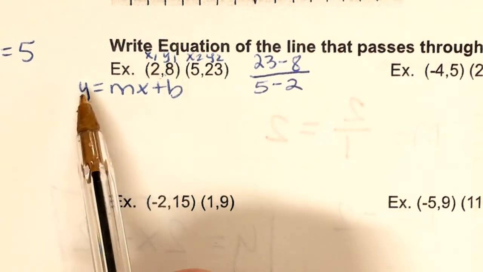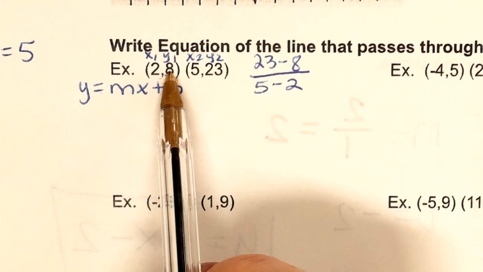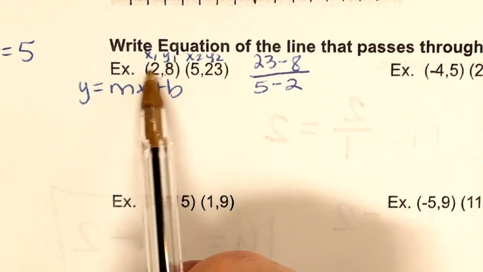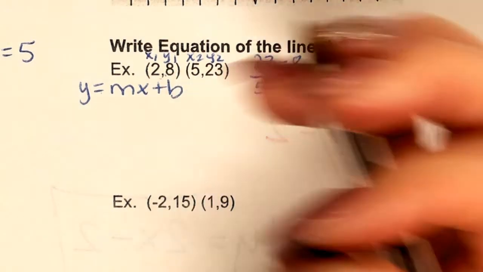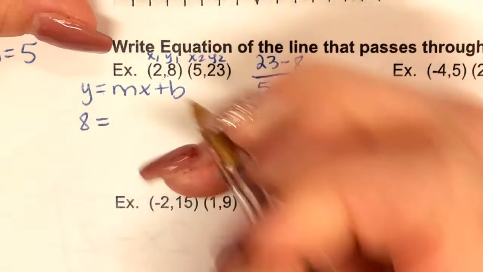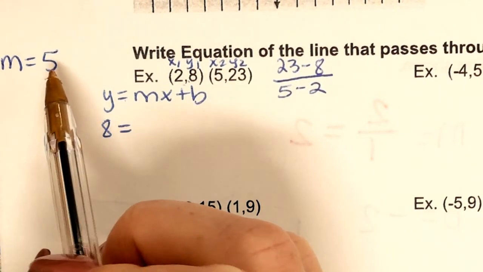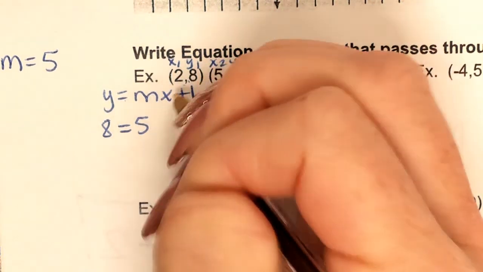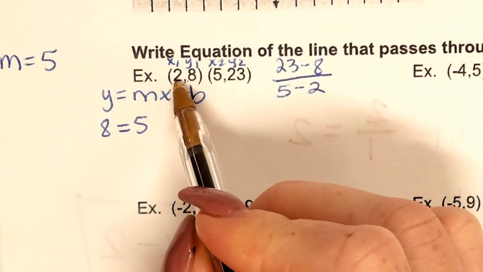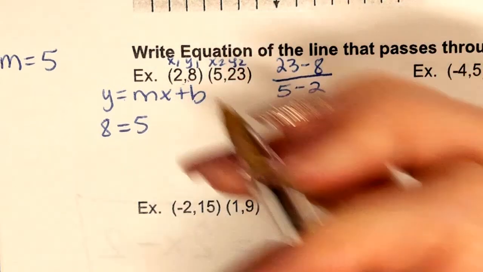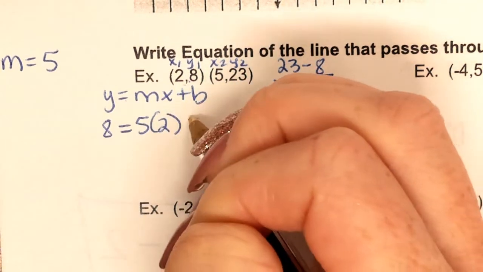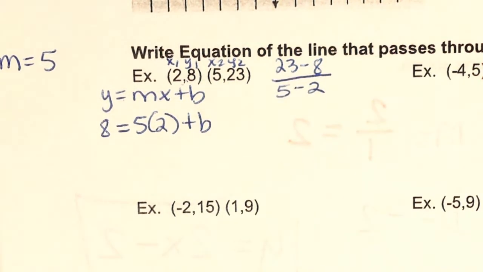So instead of writing y equals, I'm going to write, which one of these is the y? 8 equals. Instead of writing m, I'm going to write 5. Instead of writing x, I'm going to write 2, so it should be 5 times 2. And I don't know b, that's what I want to solve for.